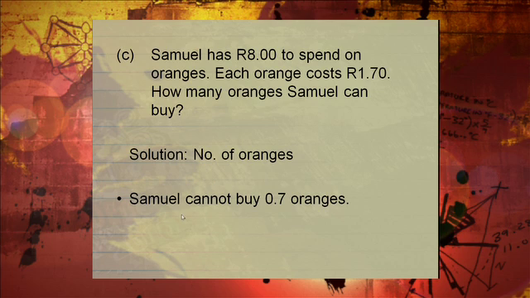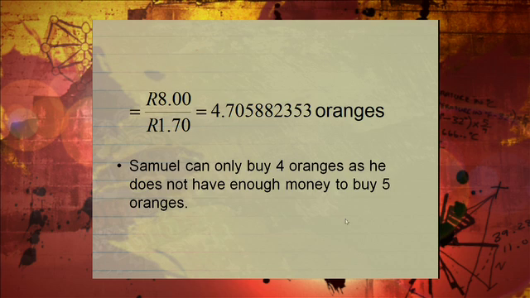Come to this. Okay. Number of oranges. Good. Samuel cannot buy 0.7 oranges. But number of oranges will be given by this: 8 over 1.7. You just take the whole number, meaning the money that Samuel has. You divide it by 1.70, which is 170. Let me call this money, 170. Then he gets this.